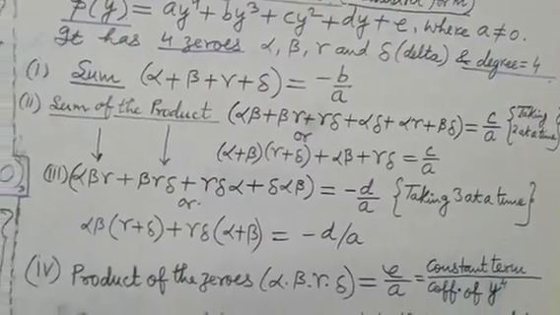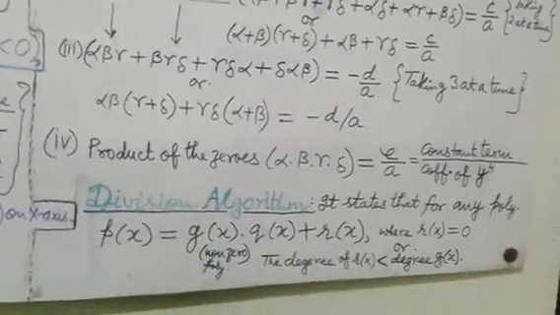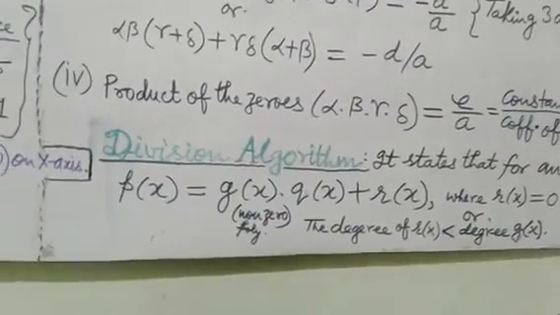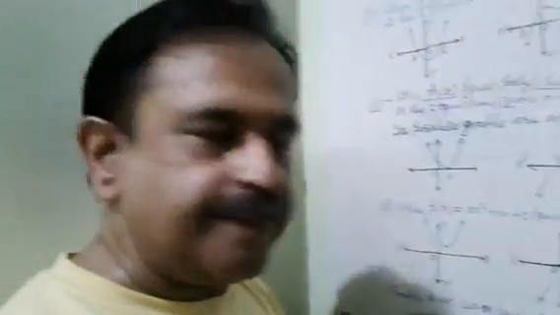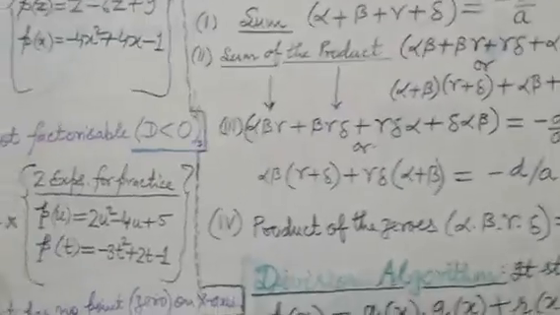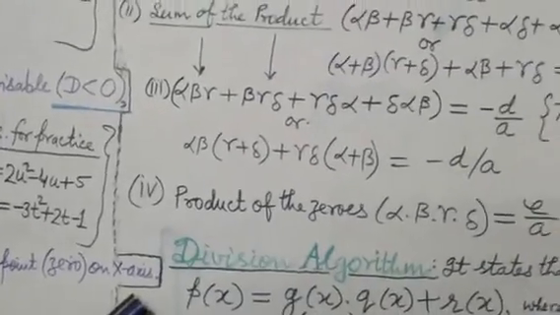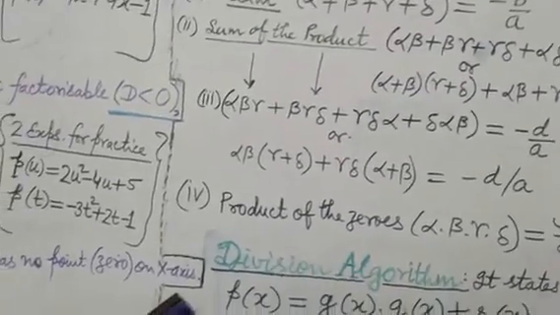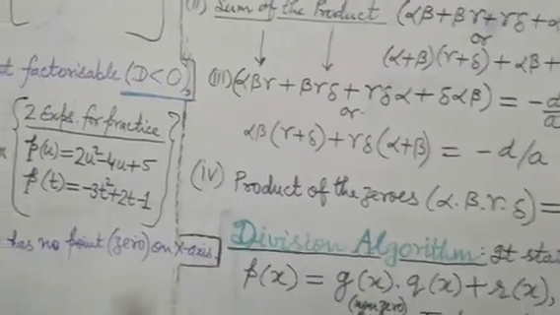Now, the next concept is the division algorithm. In our previous chapter 1, Real Numbers, we discussed Euclid's division algorithm or Euclid's division lemma. The same lemma applies to algebraic expressions, and this is known as the division algorithm. It is also known by another name, the long division method. Got it?